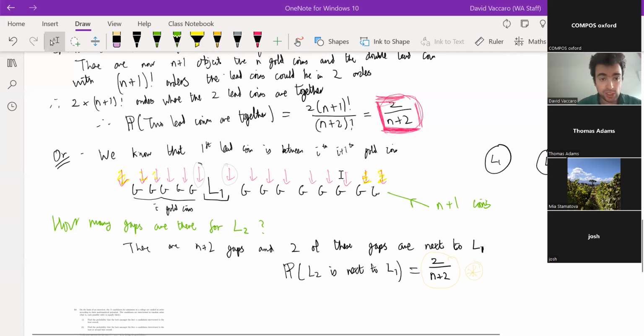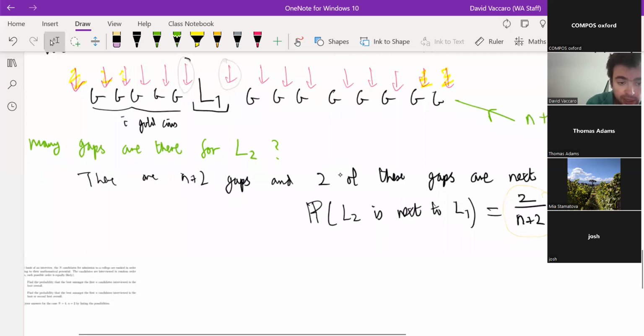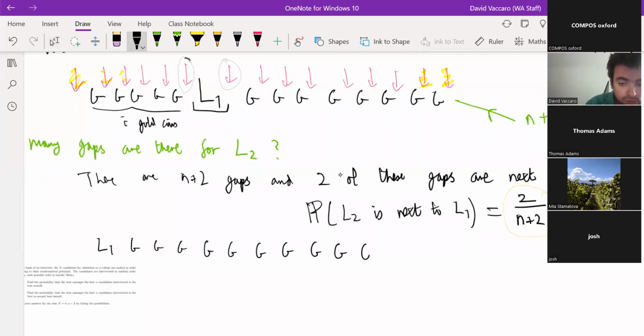That's a very good question. But let's try that. Okay, if L1 is at the start, there's still 2 places L2 could slot in next to L1. It could either slot into the left of L1, so it would be here, or it could slot into the right of L1, which is here.